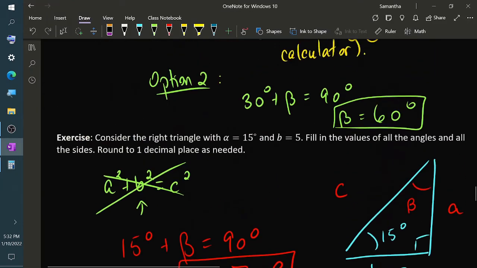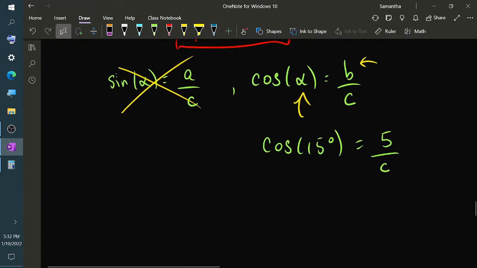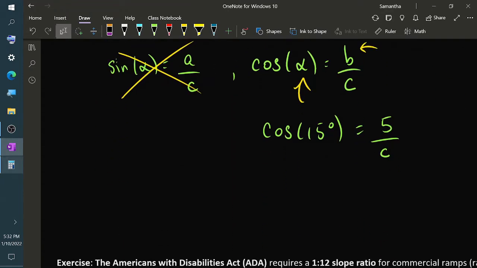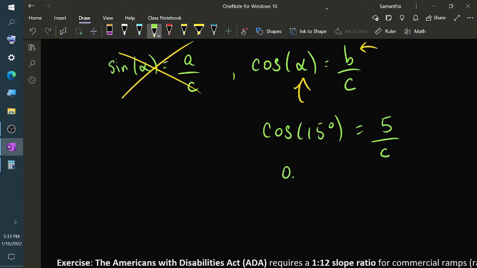I am allowed to round my final answer to 1 decimal place. I usually find that it's good practice to round intermediate values to a slightly higher degree of accuracy, especially if I'm working with something like online homework, which can be really finicky. So I'm going to go ahead and maybe even go all the way to the 4th decimal place, 0.9659.